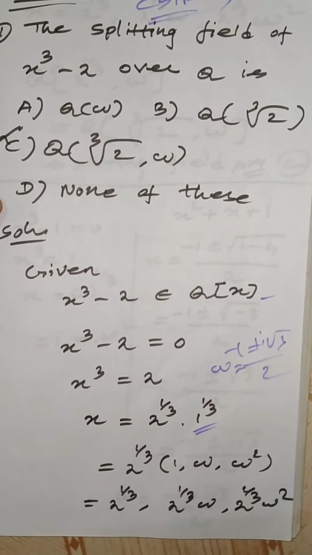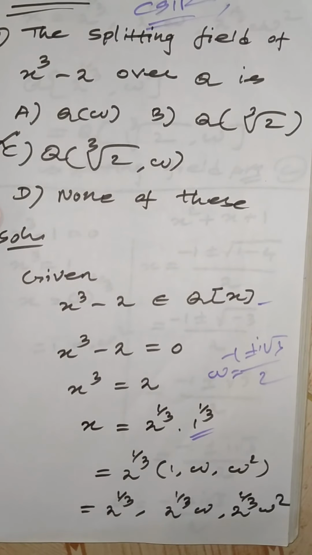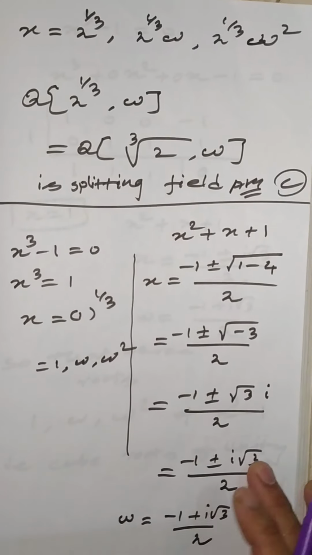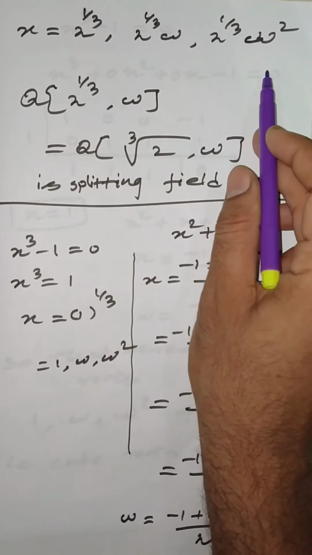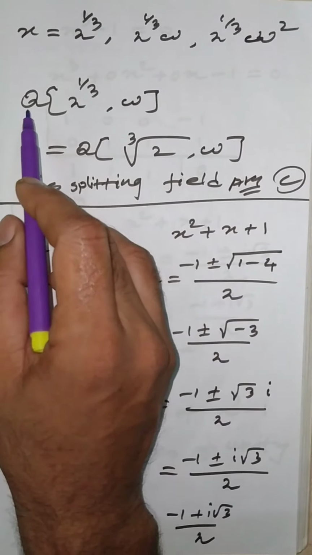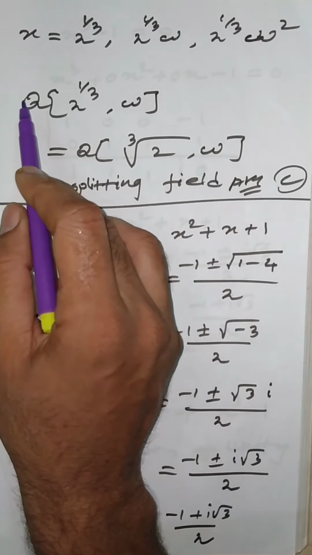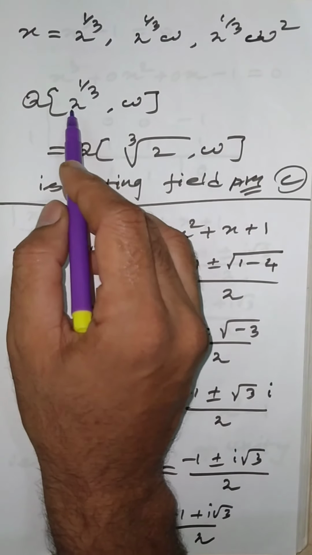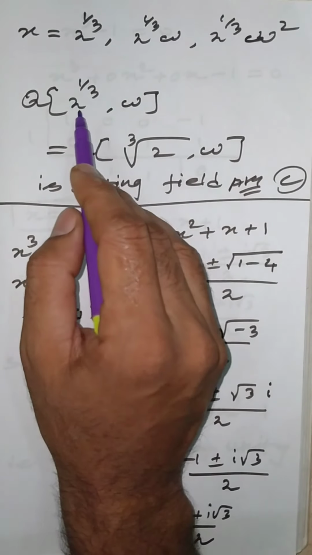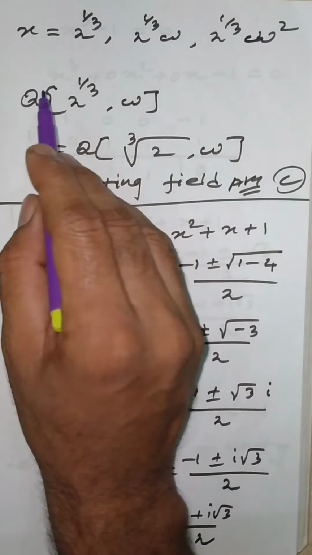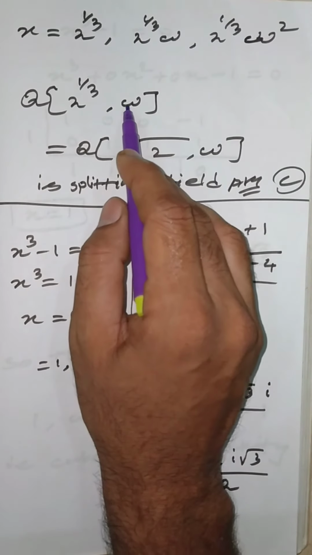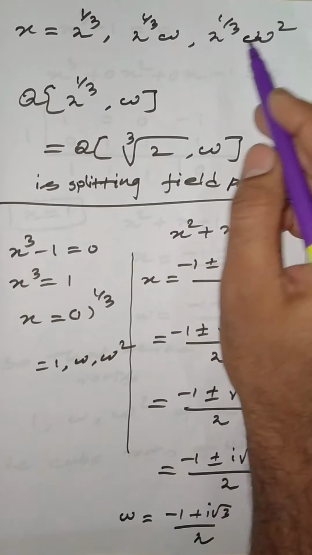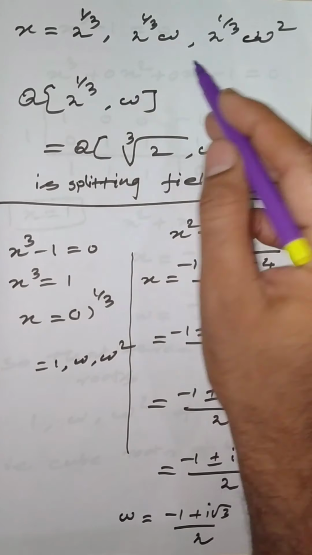Right. So how to get the splitting field now? x has the roots like this. So Q, that is a field, adjoin 2 power 1 by 3, that is one of the roots, and omega. Omega square also is there. Through omega you can generate this one.